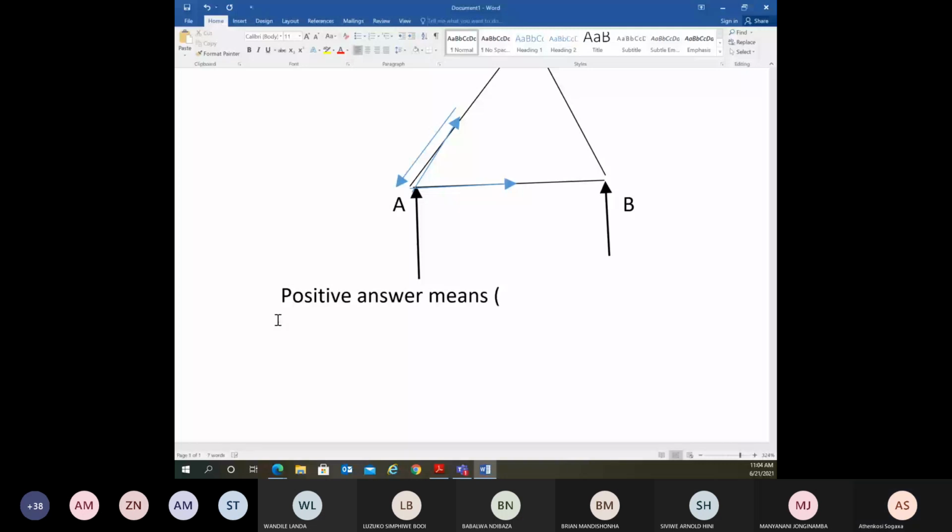When the answer that you get after calculating is negative, that means it is in compression.